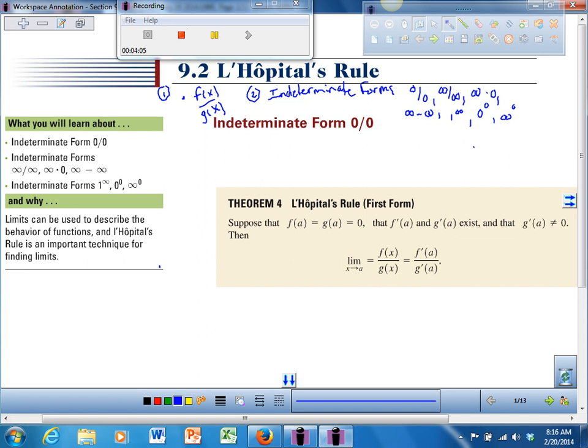1 to the infinity. What do you want that to be? 1. You want it to be 1. But let's think about 1 to a power in the idea of limits from the left and right. If we think about what is going on around 1, if we're raising it to a gigantic power, if we look at it from the left, if I have 0.999 to the infinity or to a gigantic power, what do I get?